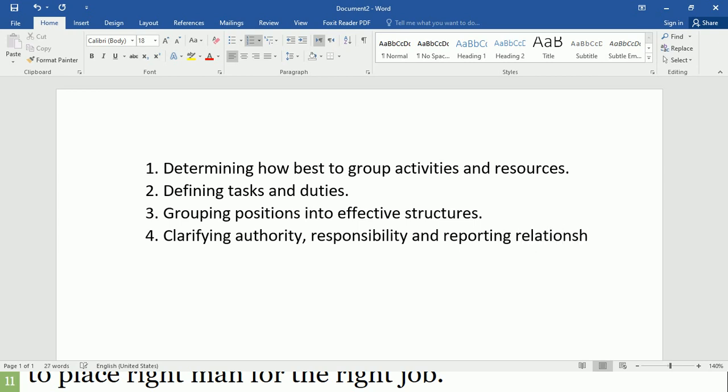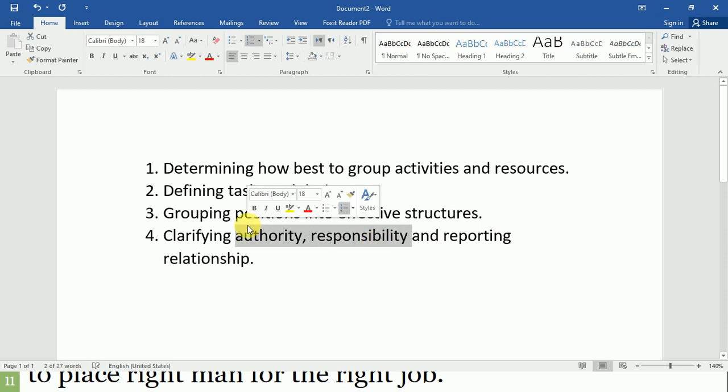Here we clarify what authority should be given to which person, and what the responsibility will be. If authority is given, responsibility should also be given, and how they will report to top level management, middle level management, and others.